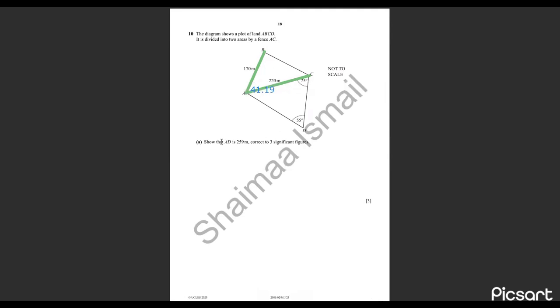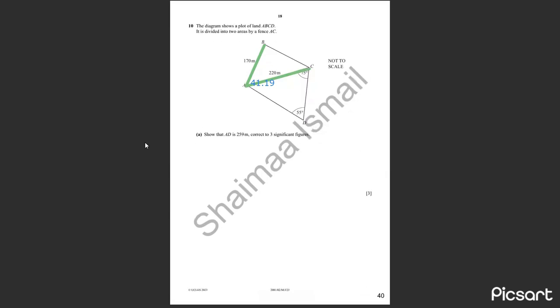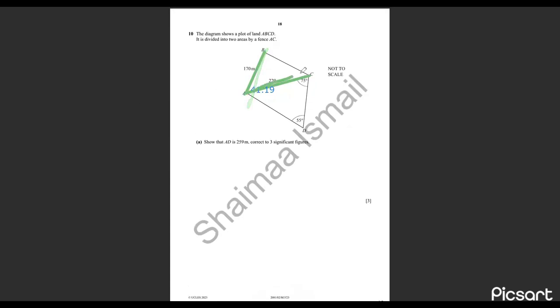And here he give you this triangle, the area of ABC is 12,500. Here we have the sine rule. This multiplied by this, multiplied by sine of this angle will give you the area. So we're going to work on this rule.